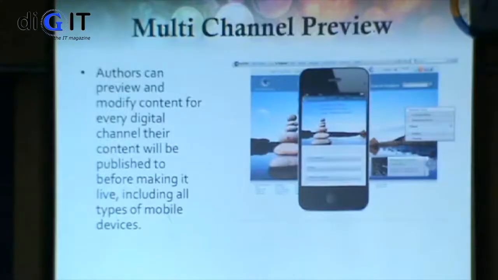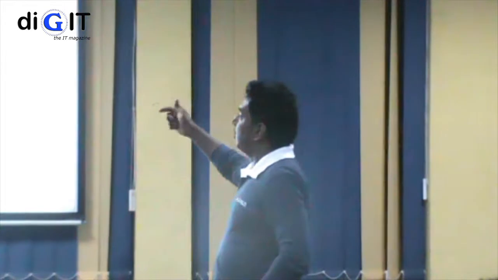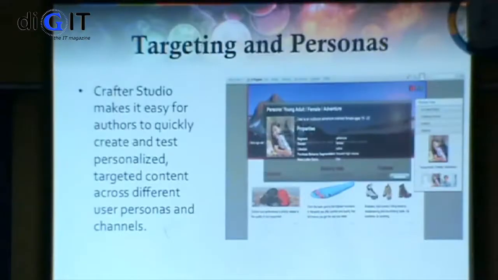Multi-channel preview: you can preview your web page in multiple channels like mobile applications. So you can edit each and every part separately according to the device you are going to deploy to. Targeting and personas: as I told you about personas, you can create different kinds of users based on their interest and based on the type of people. Let's say I want to create a persona for a set of users from age 18 to 25.